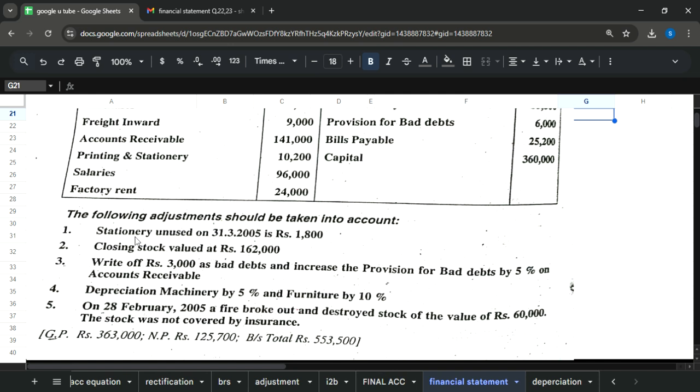However, you can see that these adjustments are given after the trial balance. So please understand, we are not going to enter the elements of the trial balance in our statement. Rather, we will solve the adjustments as our first step. And answers are also given beside the question, so it's a little comfy.